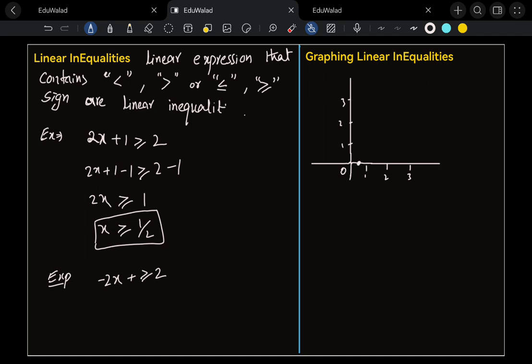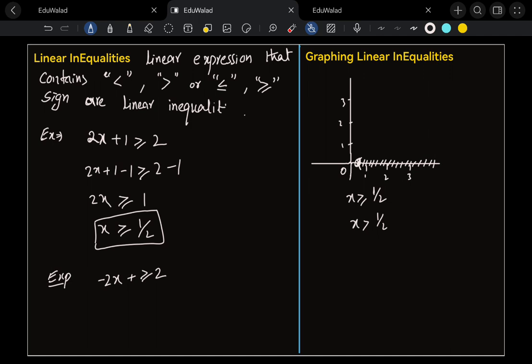Here is the point. We will include this point because this boundary is included. All the other points will be included as well in this graph, because x is greater than or equal to 1 upon 2. If x were greater than just 1 upon 2, we would exclude this point, and the remaining points would be included.